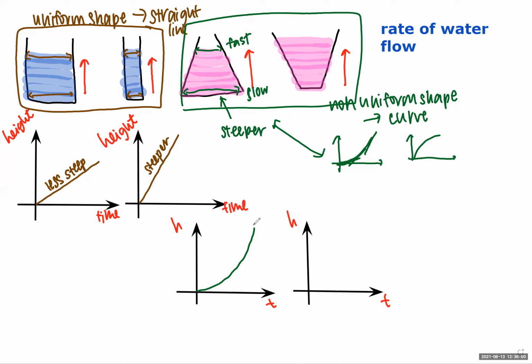And then the next one has less surface area, so it's going to be a lot faster to fill up the bottom, but once it hits the top, it is slower, so it's going to be less steep. So here matches because it starts with a very steep curve, then less steep, less steep. It's going to be super steep at first, and then less steep towards the end. And that is the different rate of flow of water.